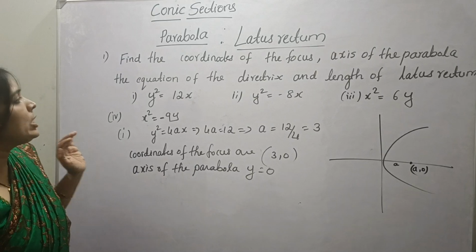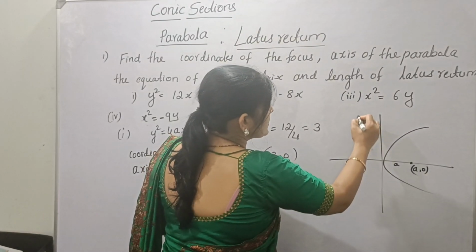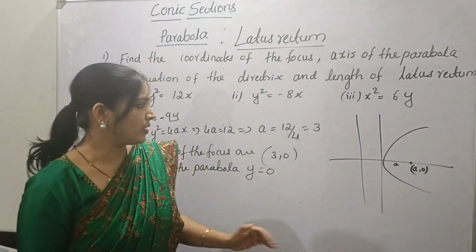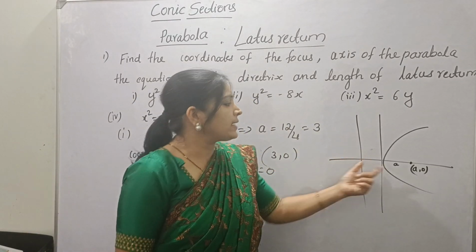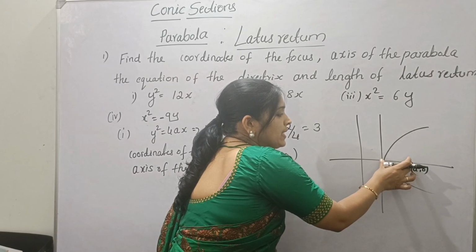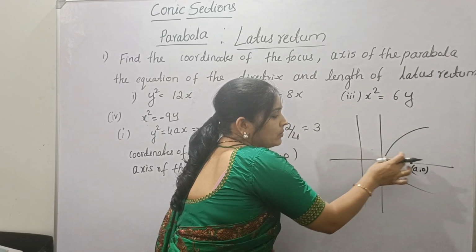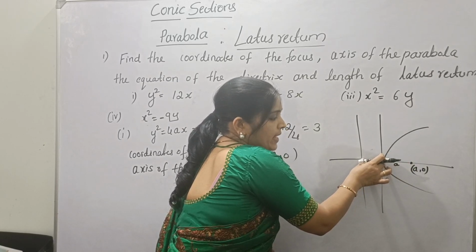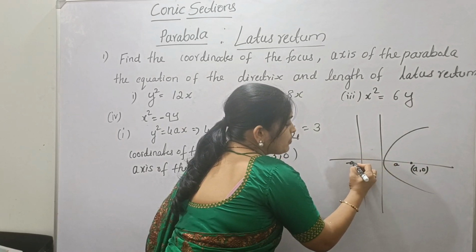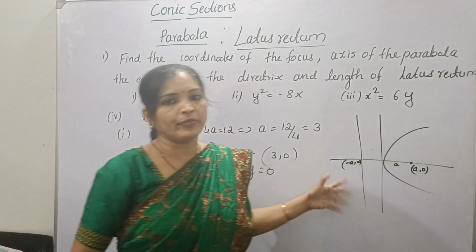Next question, the equation of the directrix. It is a line equation. Since this distance is a, it is also distance a. That means this point is (minus a, 0), as I have mentioned before.